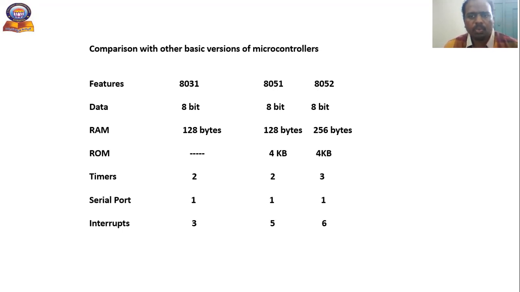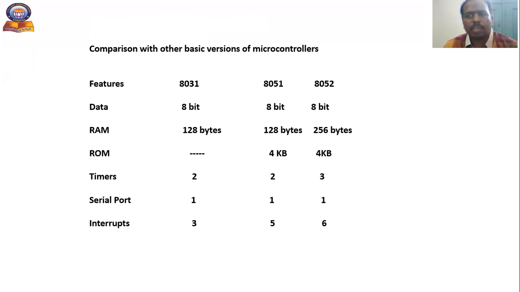It has 2 timers, 1 serial port, and 3 interrupts. The 8051, as we have just seen, has 8-bit data lines, 128 bytes of RAM, 4 kilobytes of ROM, 2 timers, 1 serial port, and 5 interrupts.